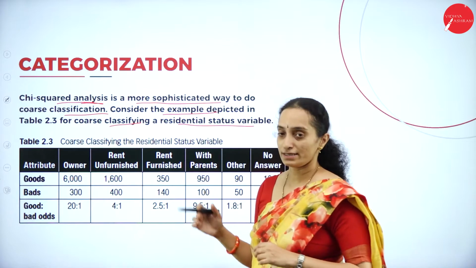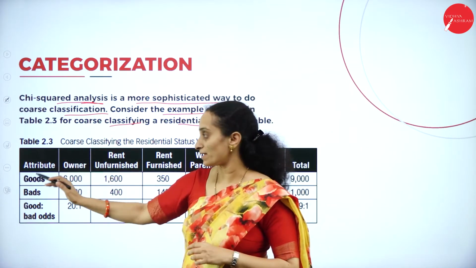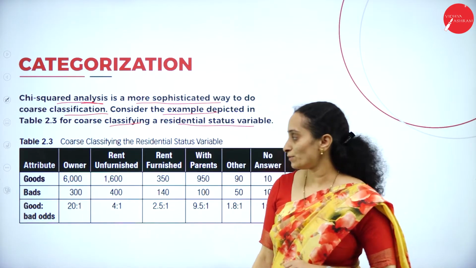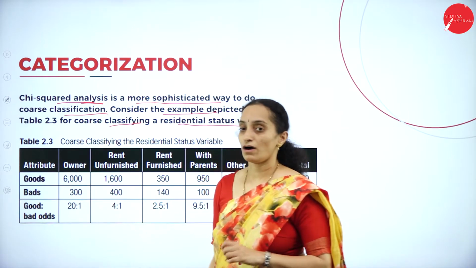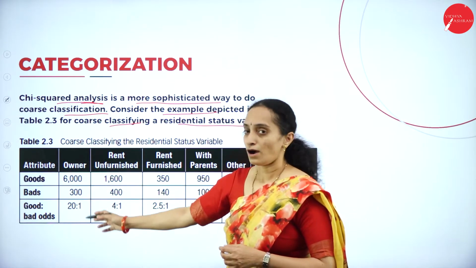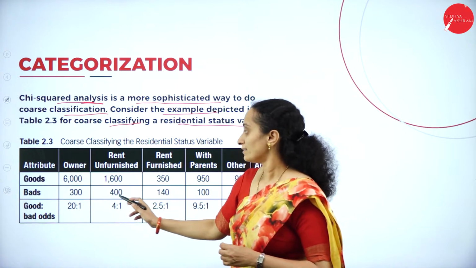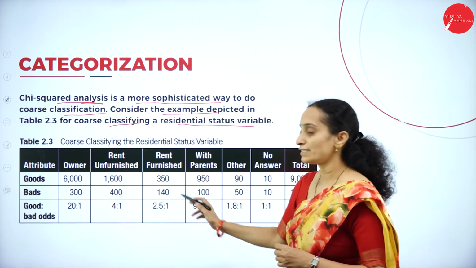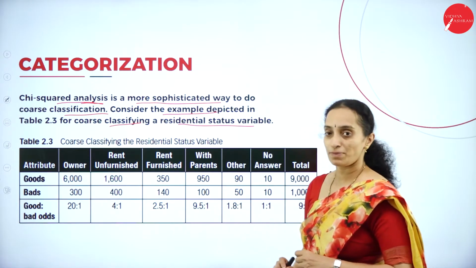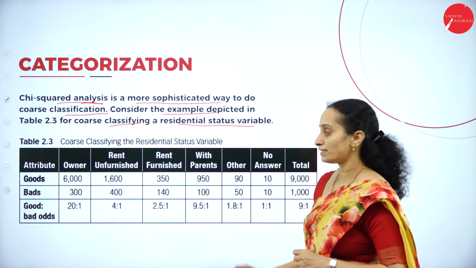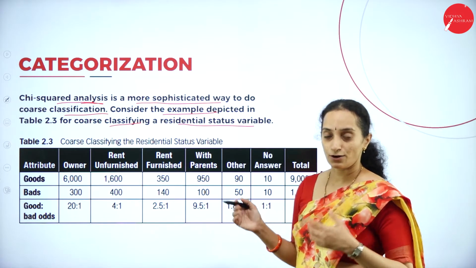Okay, in a residential complex, say we have the attributes good and bad, or odds, you can take. How many owners are there? Rent unfurnished, rent furnished. With parents, how many are there? Others, no answer, none of them given.